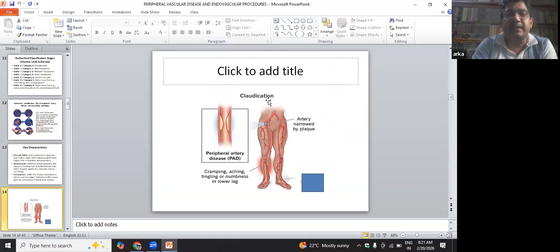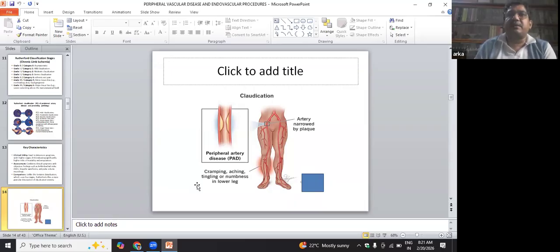So this is the picture of peripheral disease. Again, artery plaque, there is cramping, aching, tingling, or numbness in the lower leg. One thing I will add: why is there a reduction of pain in the initial stages? Because there is an accumulation of substance P which irritates the nerve endings, which causes pain during the initial stages of peripheral vascular disease.